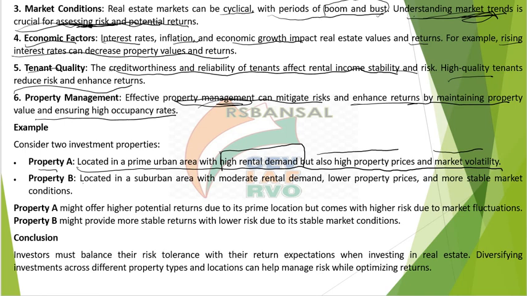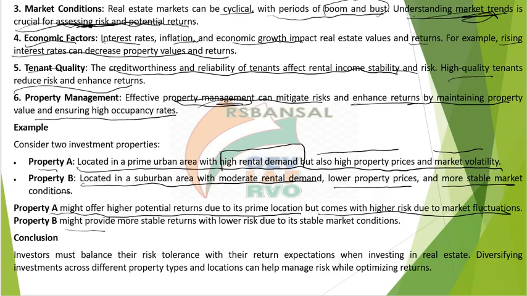And property B is located in a suburban area with moderate rental demand, lower property prices, and more stable conditions. So what will you conclude from here? Property A might offer higher potential returns due to its prime location, but comes with a high risk due to market fluctuations. And property B might provide more stable returns with lower risk due to stable market conditions.